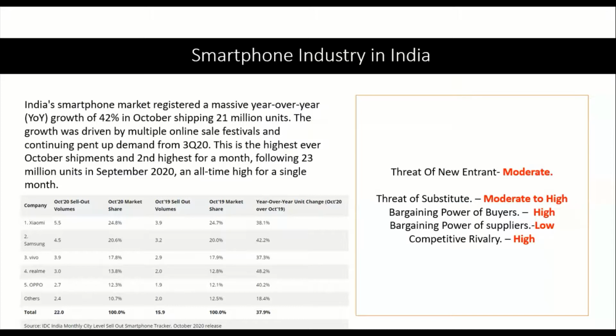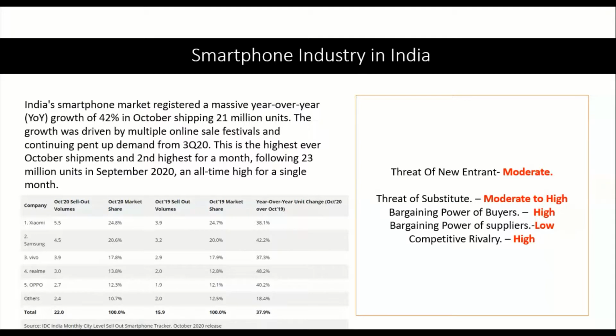So if you see, for any new entrant to come, the threat would not be very high, it's a moderate thing, because a number of smartphone companies are coming and joining the market.